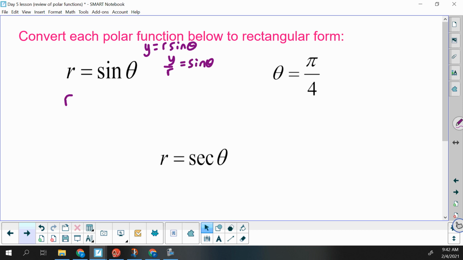So that's our first substitution we'll do. Well, if you then multiply the r over, you've got r squared is equal to y. And then we can replace the r squared with what we know it is equal to, so x squared plus y squared. So our equation is just x squared plus y squared equals y.